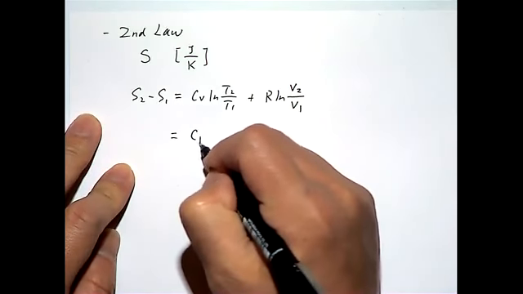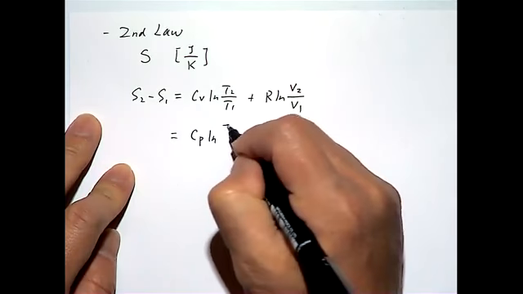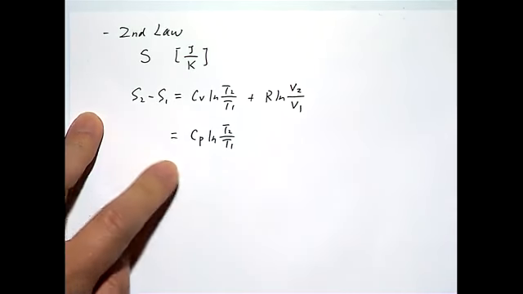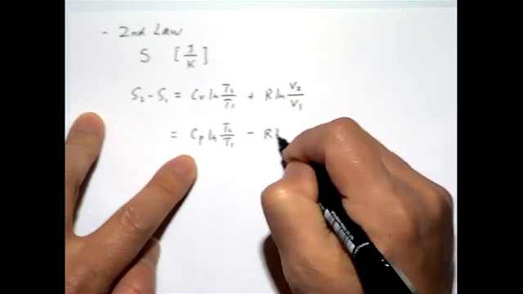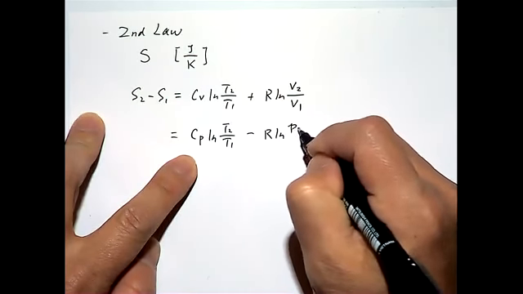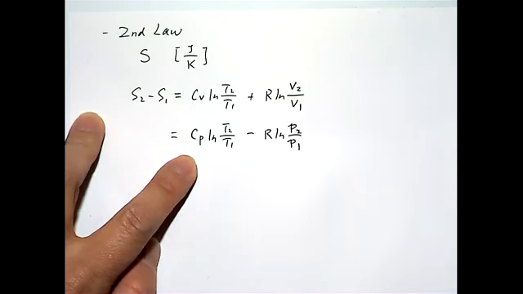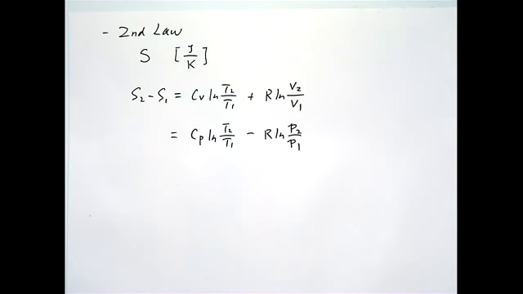Or if we write it in terms of the pressure, we have Cp log T2 over T1 minus R log P2 over P1. All right.